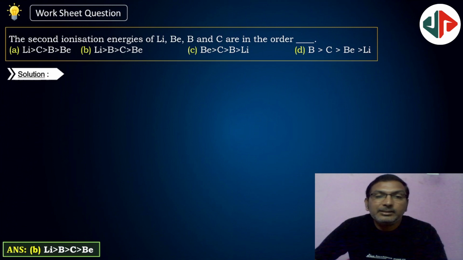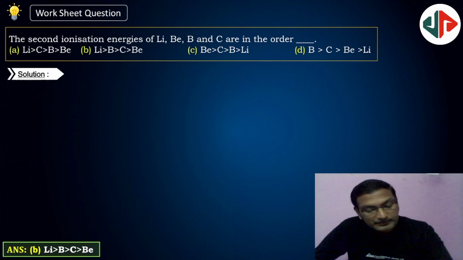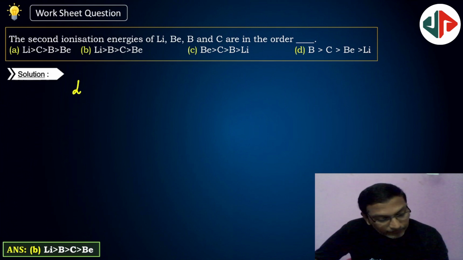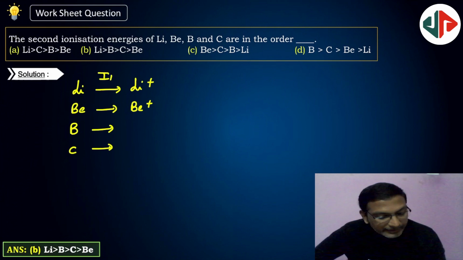Second ionization energies of lithium, beryllium, boron and carbon. So after first ionization, I1 changes to Li+, Be+, B+ and C+.